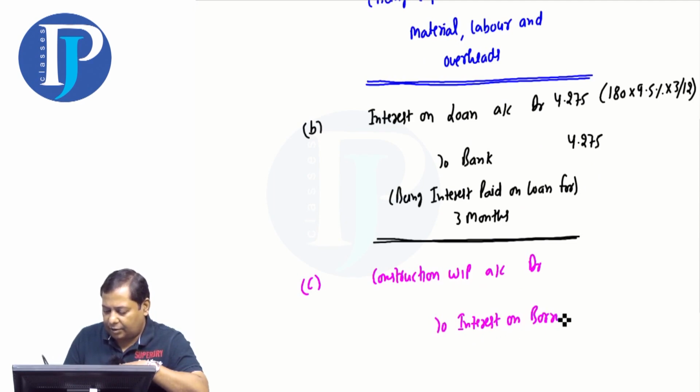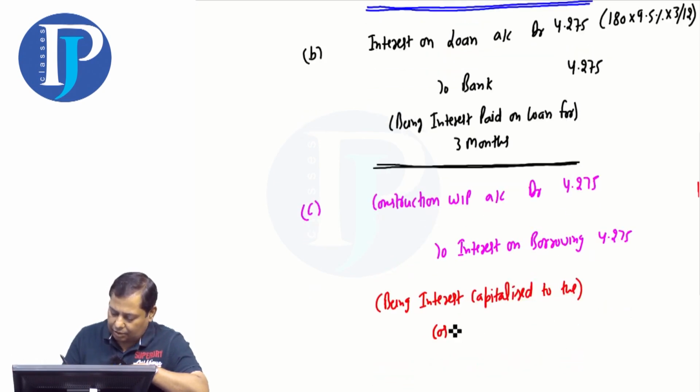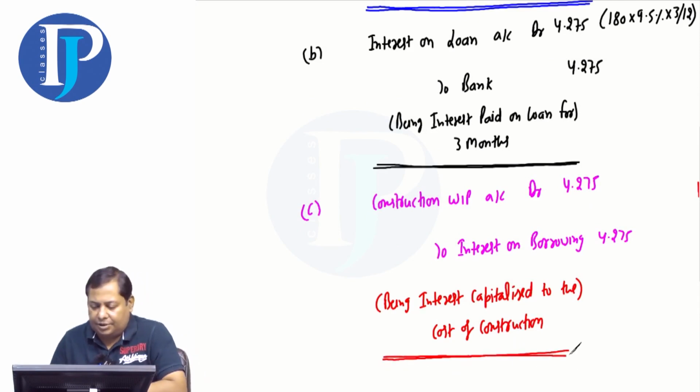This interest won't go to the P&L account. 4.275, being interest capitalized to the cost of construction. The loan you took is for construction. Ind AS 23 gives permission to capitalize.